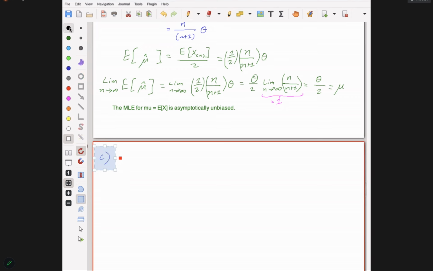This is important to remember: asymptotic unbiasedness does not imply unbiasedness. However, unbiasedness does imply asymptotic unbiasedness.